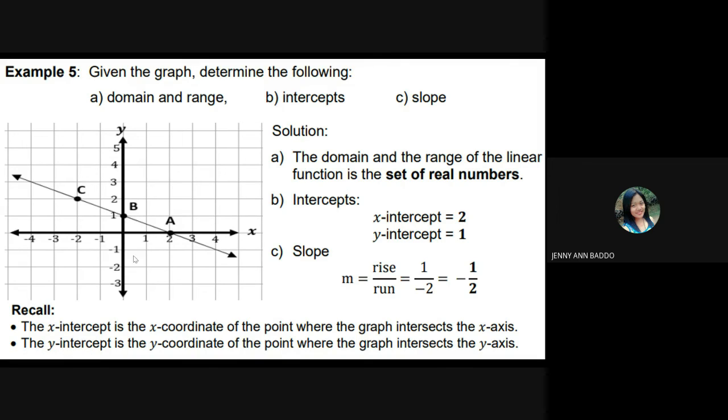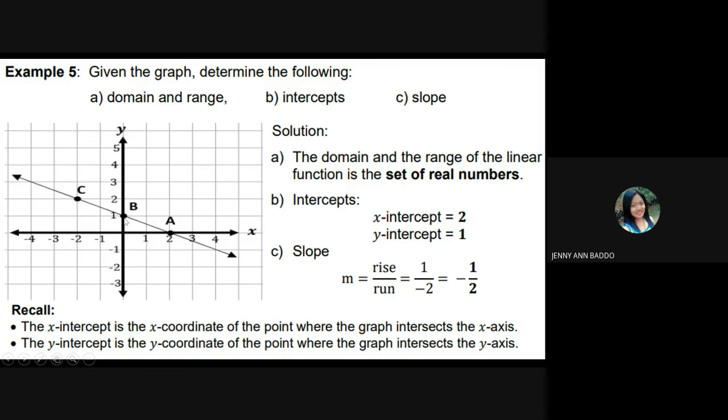For the slope, considering any 2 points on the graph, we will count the rise and the run. Since we have already found the x and y intercepts, that is the easiest pair of points to use. So from this point, the rise is 1.